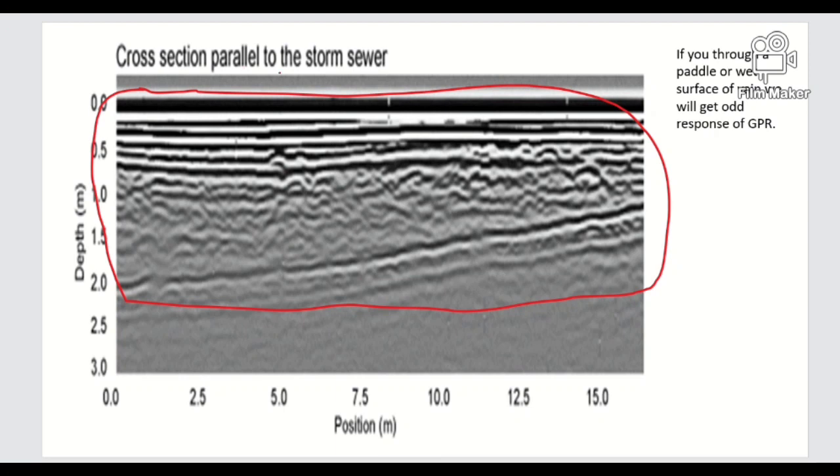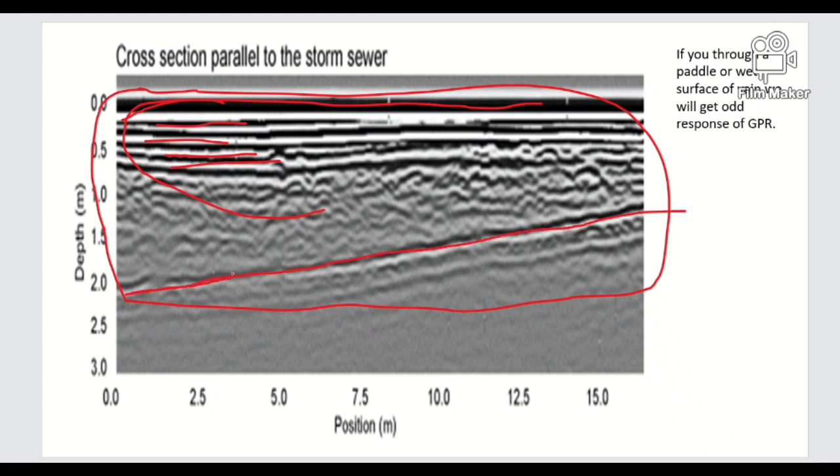Here there are some black and white bands, and this ringy type of response frequently changes as per depth. And also here this is indicating the water table, the groundwater table.